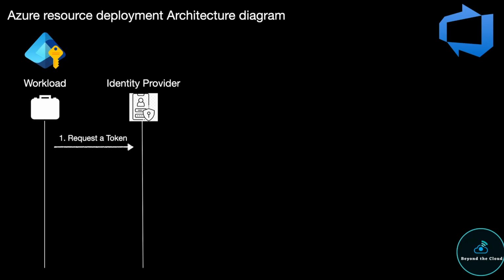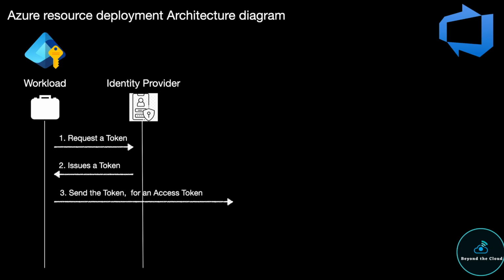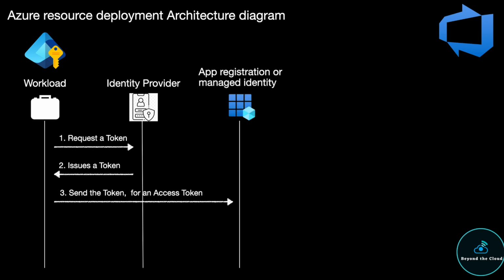In this case, this is a service connection. And then the identity provider will assign temporary credentials to our pipeline, so it will give back a temporary token. Then with that temporary token, the pipeline will go to the application registration that we will create in our Azure portal with the managed identity or the OIDC that we will be creating.